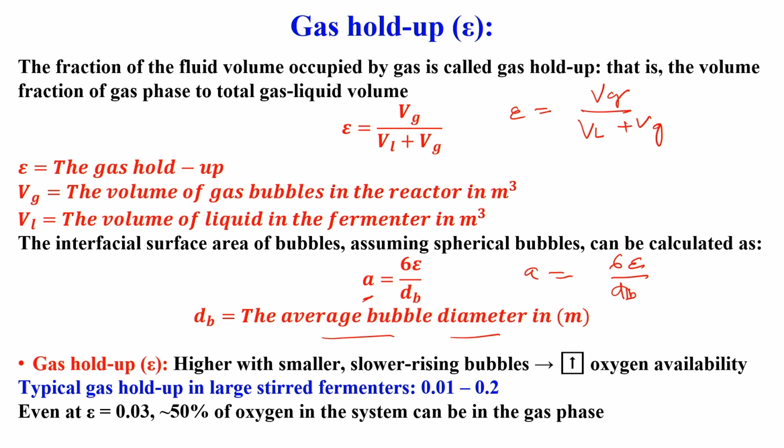So the average bubble diameter inversely affects the interfacial area, and the interfacial area is directly affected by the gas hold up. The typical value of gas hold up in stirred fermentation is about 0.1 to 0.2.